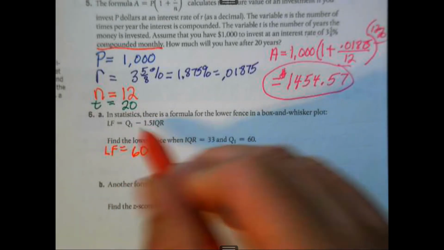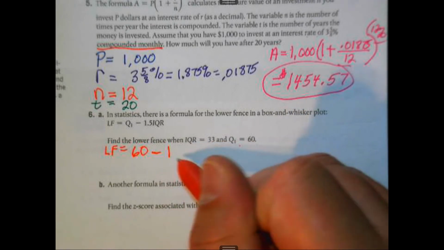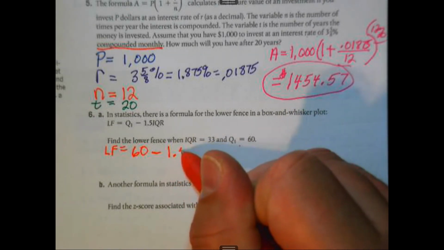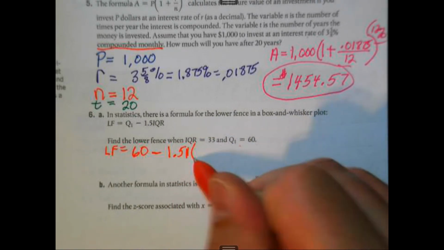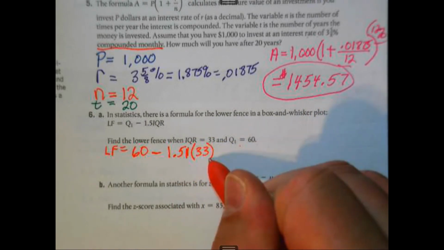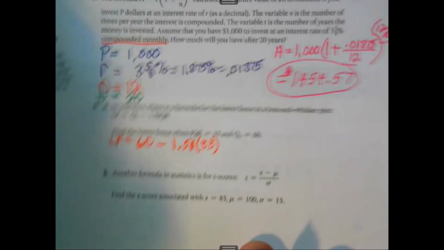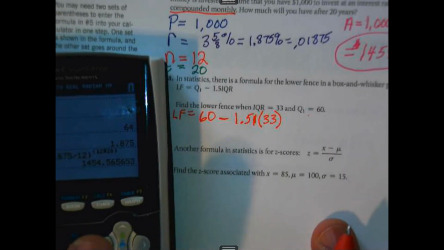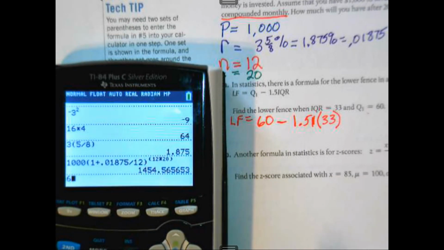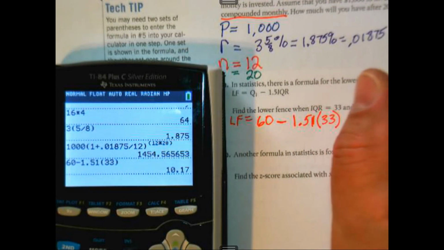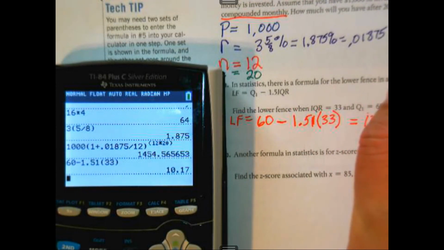So minus my 1.5 times 33. Just plug all that into my handy dandy calculator here. I've got 60 minus 1.5 times 33. And I get 10.5.